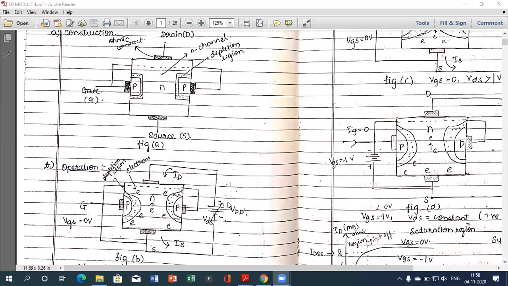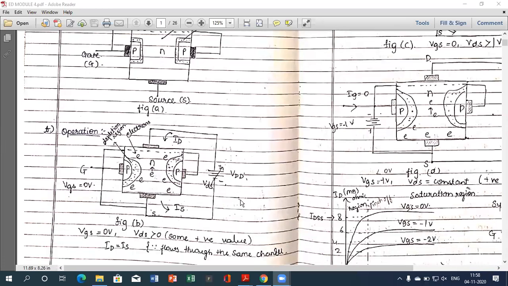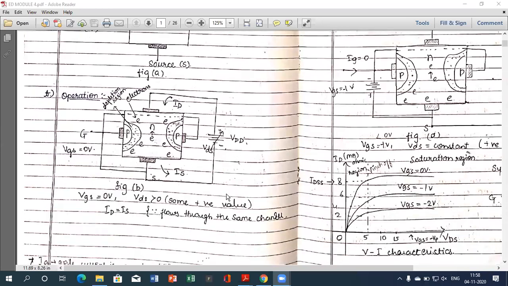That is what we are going to discuss in the operation. In this operation, figure B shows what the condition will be for this N-channel JFET to cause current to flow through the channel. So now we will try some different conditions to check how this N-channel JFET operates.